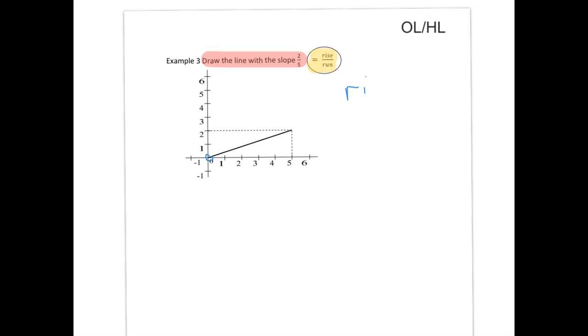So our rise is plus 2 and our run is plus 5. If we go across our x-axis by 5, from 0 to 5, and go up our y-axis by 2, that gives us another point on the line. Then we just take a straight edge or a ruler and draw a straight line through those two points, and that is a line that has a slope of 2 over 5.